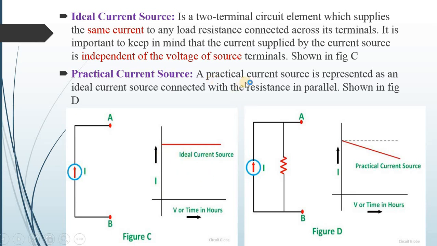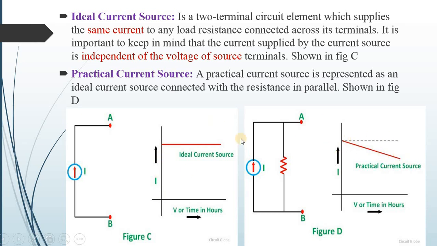In a practical current source, there is a resistance in parallel with the current source. In that case, as voltage increases, the current decreases. It is not constant.